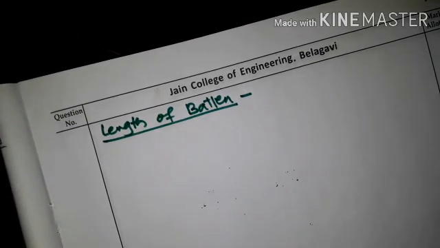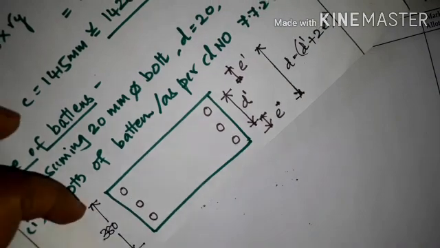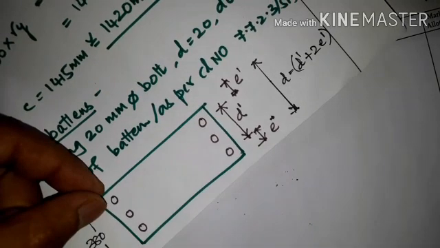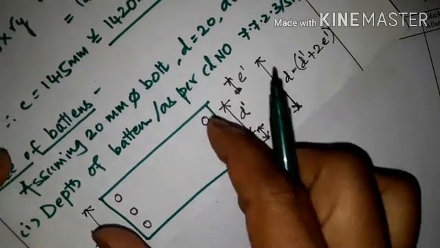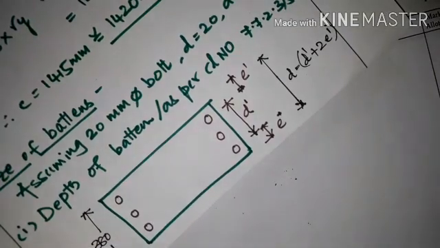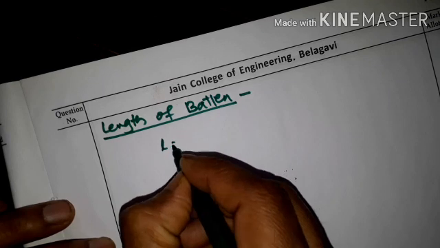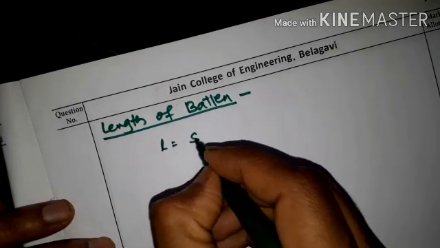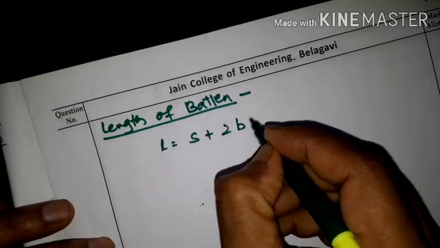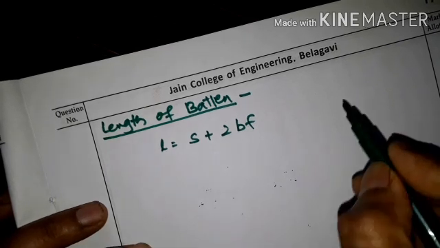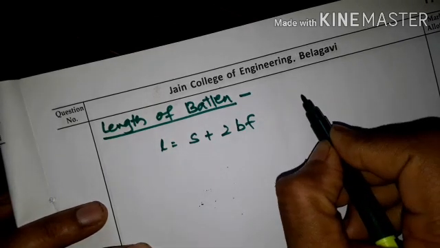Here we got the depth and even the thickness of this plate. Now what should be the length of the plate? We have to find out. So the length of the plate is S plus 2 times breadth of flange. I'll just draw the sketch here.